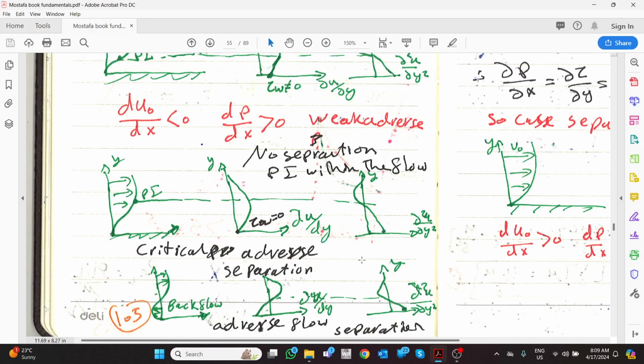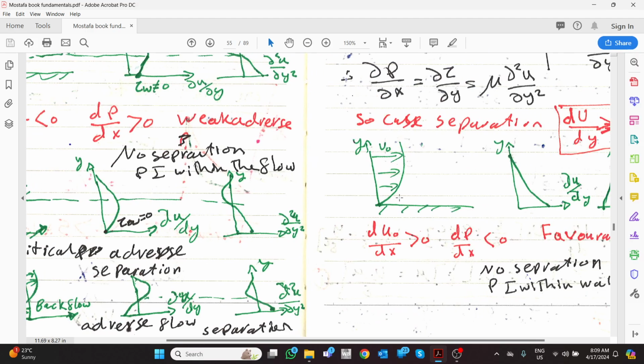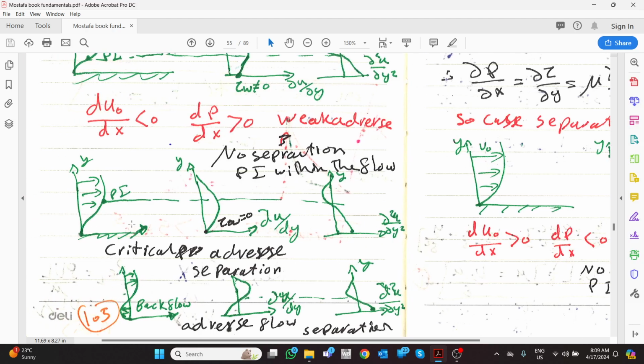If you have, for example, a flow, and when you are going in the flow, there is high pressure here, like you have a diverging duct, so the pressure is increasing and the velocity decreases. Sometimes the pressure at the wall here is very high, which creates a reverse flow like this.